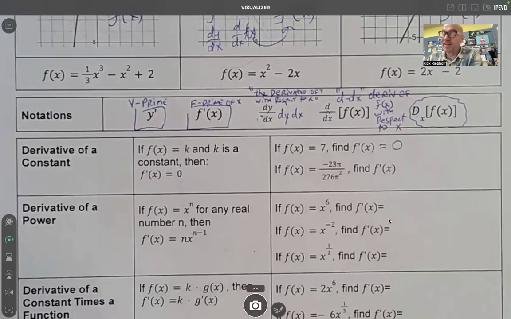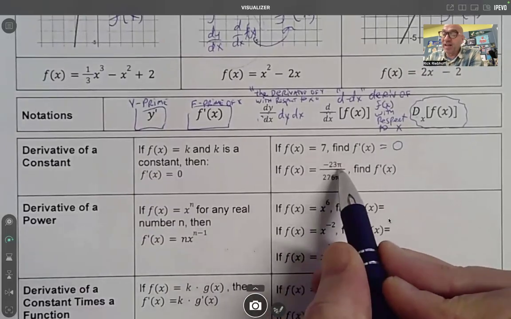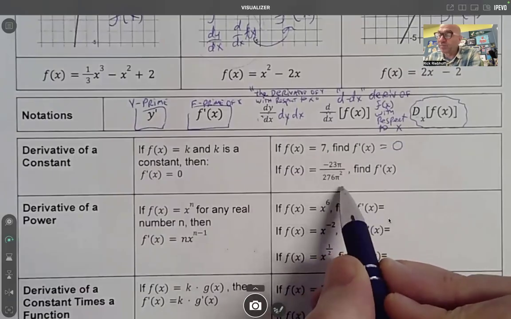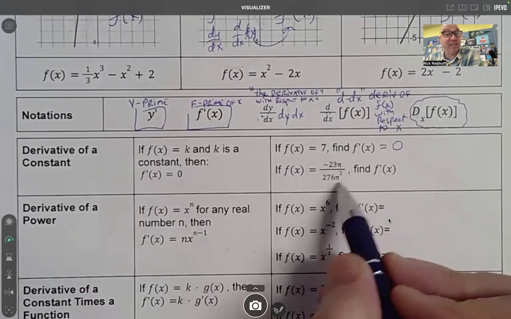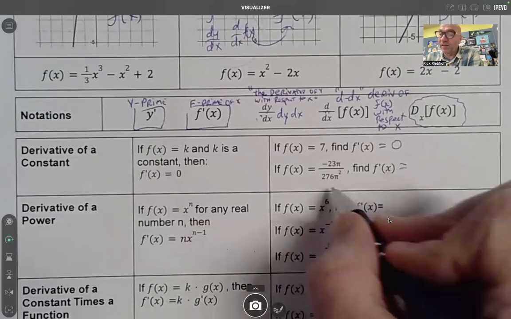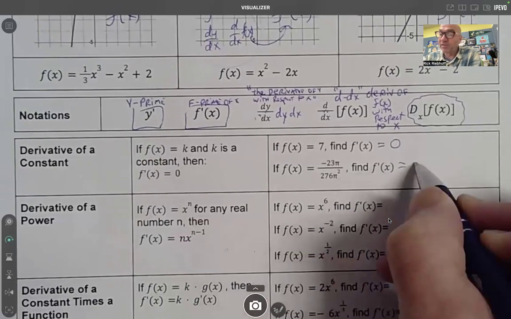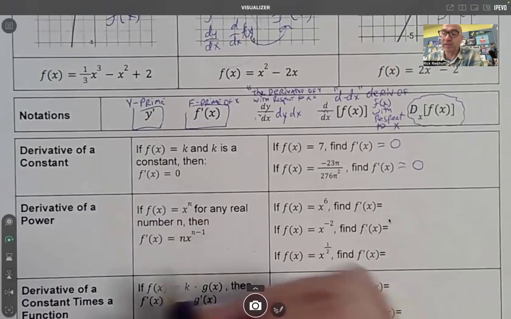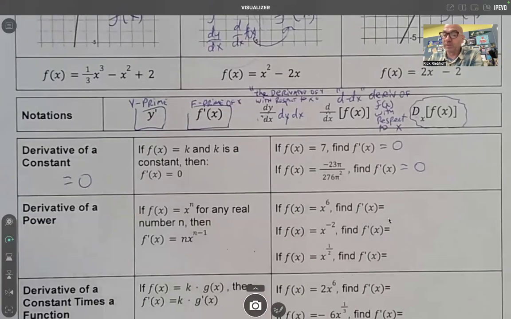That's it. If f of x equals negative 23 pi over 276 pi squared, that is a constant. It's ugly. That pi is not a variable. Then f prime of x would be 0. So the derivative of any constant is equal to 0. Always.